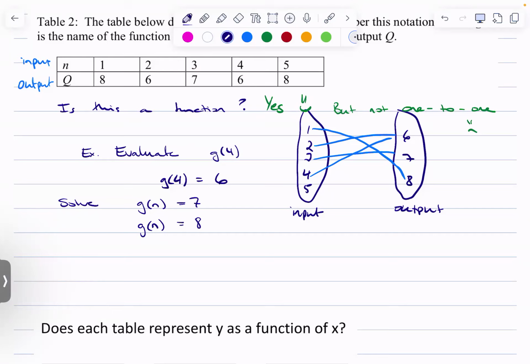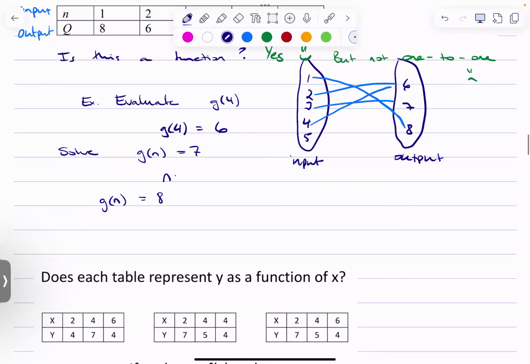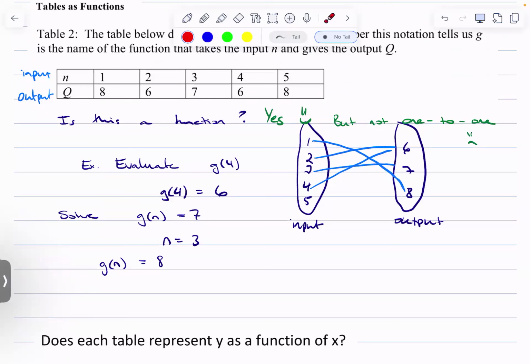If I have to solve these two, let's start with G of n is equal to 7. Now I know my output is 7, so I scan here and look for my output of 7. There's only one, and it maps back to 3. So n is 3. How about G of n is equal to 8? I have 2 8s here. That's okay.